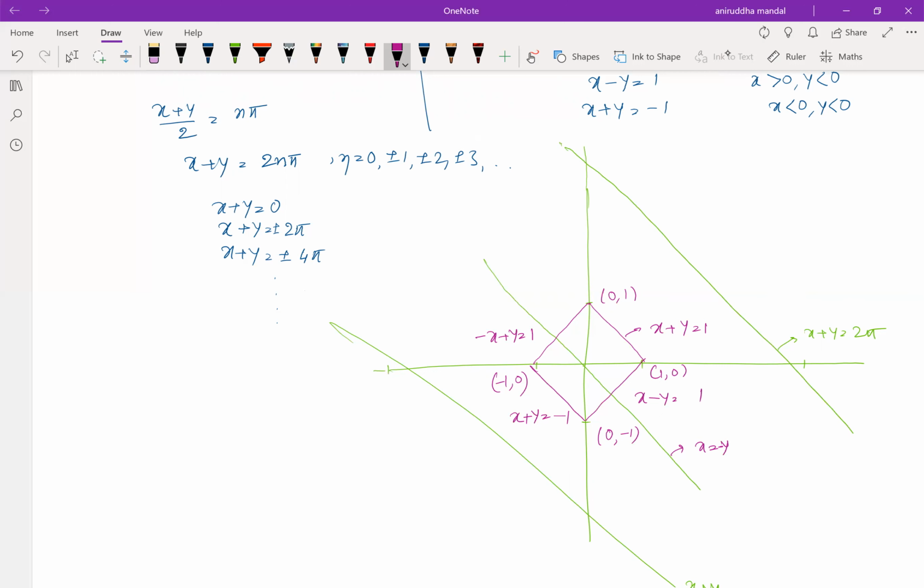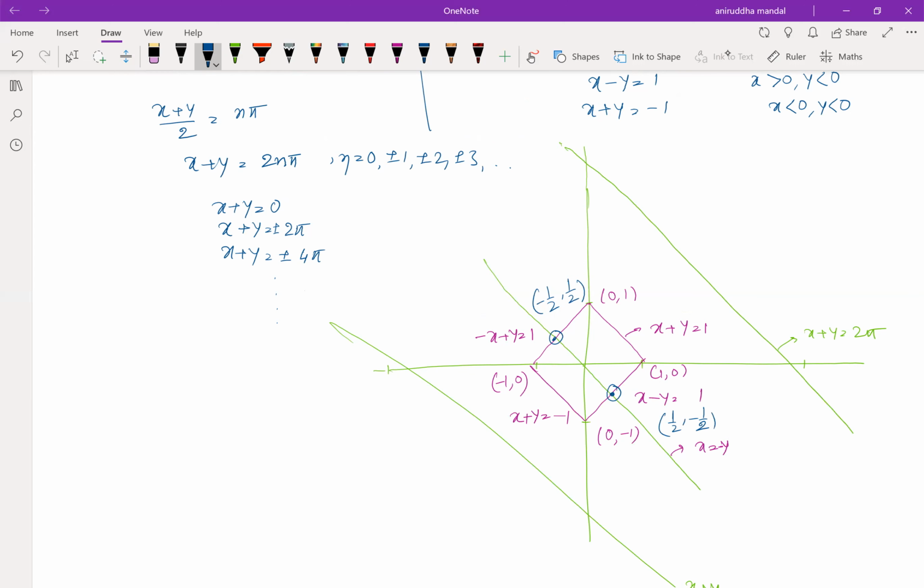What we have here, if we look at both graphs we have drawn, this is the first intersecting point and this is the second intersecting point. The values of these points are (minus half, half) and similarly this point is (half, minus half).